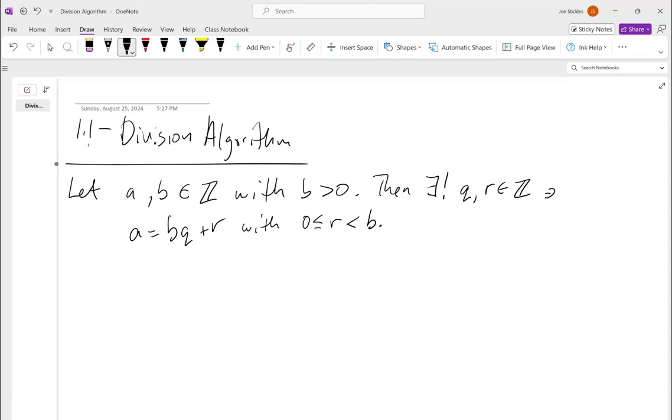That's how you knew when to quit in grade school, right? When the number you had left at the bottom was smaller than what you were dividing into the bigger number, that was when you knew to quit, and that was your remainder. Same concept here. So this is what the division algorithm says, and it's useful in different applications for proofs that we'll do.